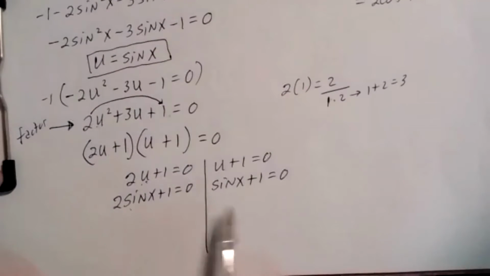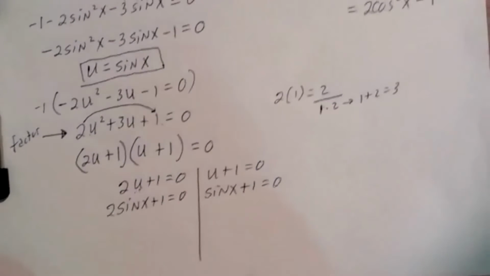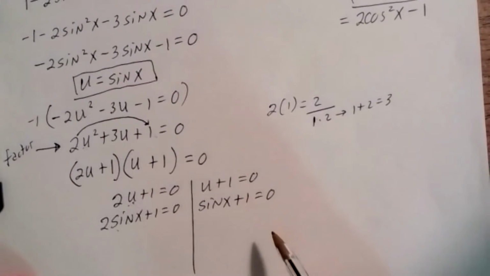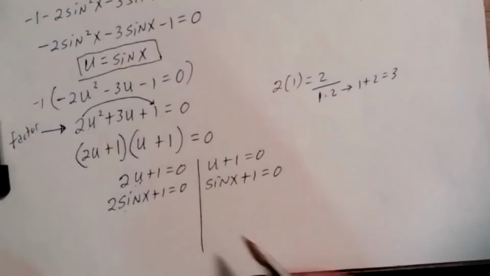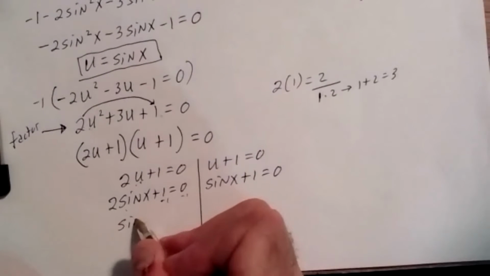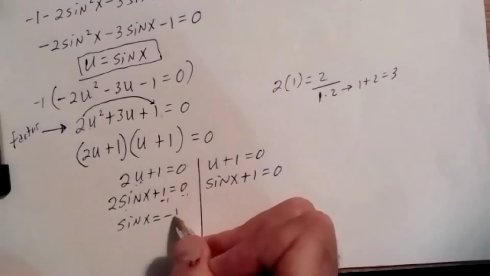These are the equations we have to solve for. Subtracting 1 from both sides, dividing by 2, you get the sine of x is equal to -1/2.